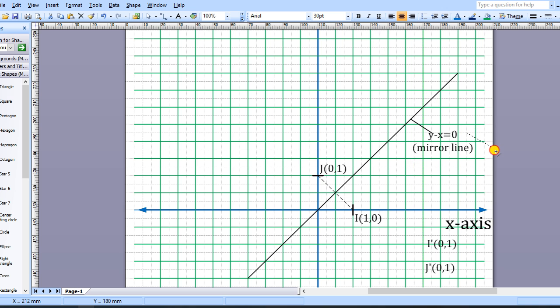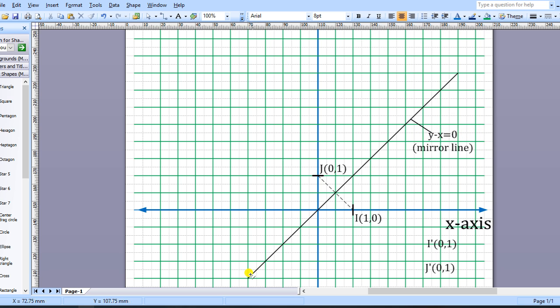So let's begin by looking at how to obtain the matrix of transformation for a reflection along the line y minus x equals 0. Remember, the line y minus x equals 0 is as good as the line y equals x, if you move x to the right hand side.